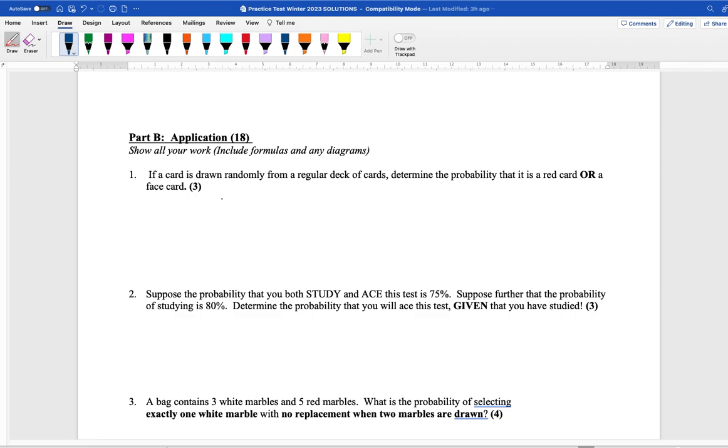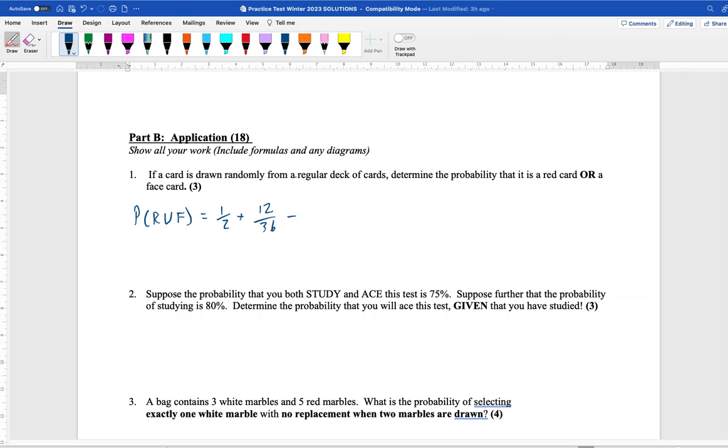So if a card is randomly drawn from a deck, what's the probability that it's a red card or a face card? Okay, so we're using the OR formula here. So probability that is red or, oops, that's an and. Or face. So if you think about this, our red cards, there's half red cards. Plus, how many face cards? Well, there's 12 over 52.